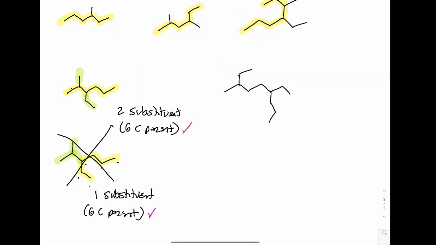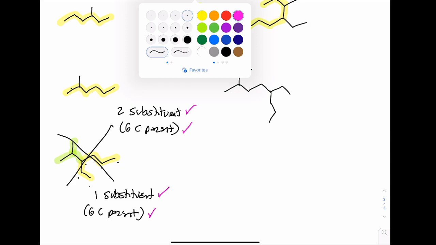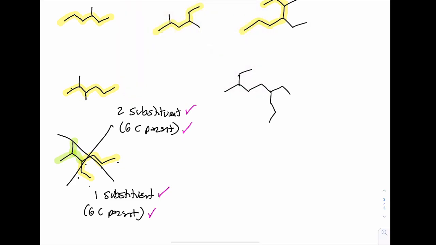They were both 6 carbons, but the one on the bottom only had 1 branch. The one on the top has 2 branches. I want to pick the one that has more branches, more substituents. So that one on top is going to be the correct one. I just wanted to get rid of that highlighting. So that was messy. So that's the one I want. That would be the correct answer.